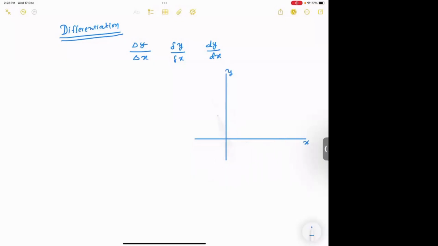See, let's say we have a curve, and in this curve, let's say we take 2 points. So one point is, let's say, x1, and other point is x2. And here, corresponding y1 and y2.